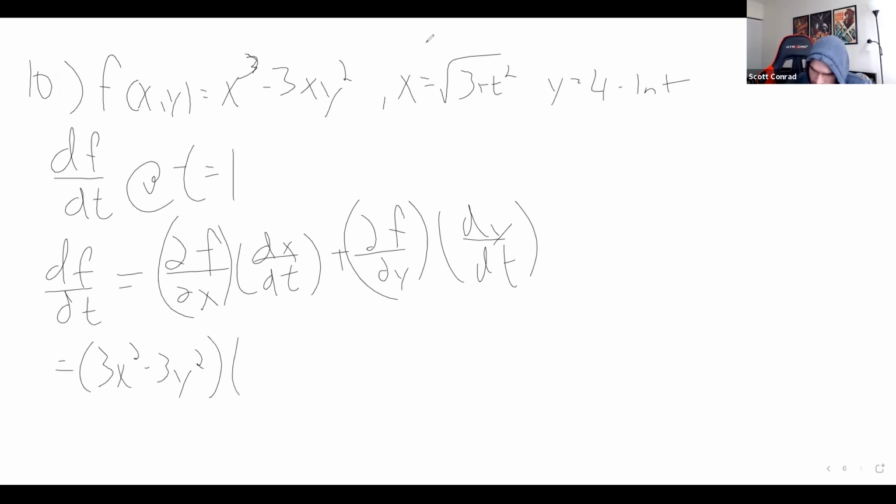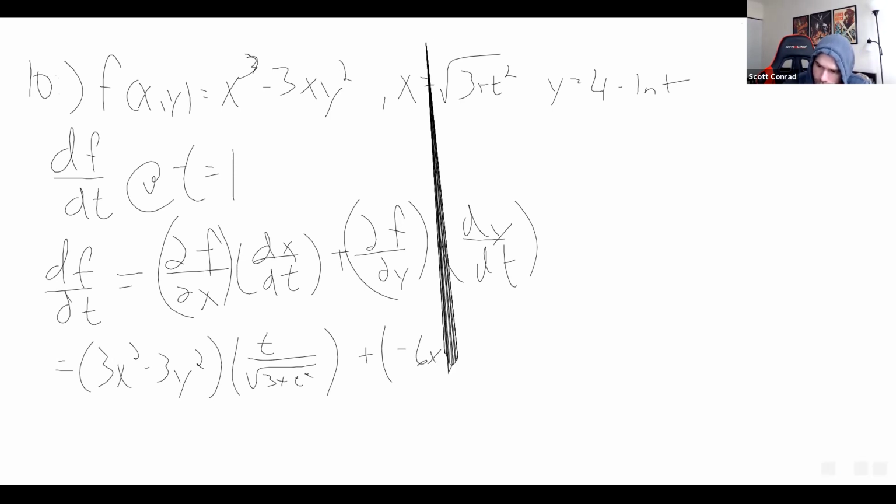The derivative of x with respect to t is going to be t over square root 3 plus t squared. The partial of f with respect to y is negative 6xy. And the derivative of y with respect to t is going to be negative 1 over t.